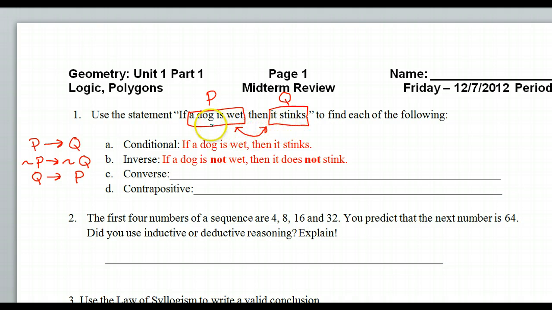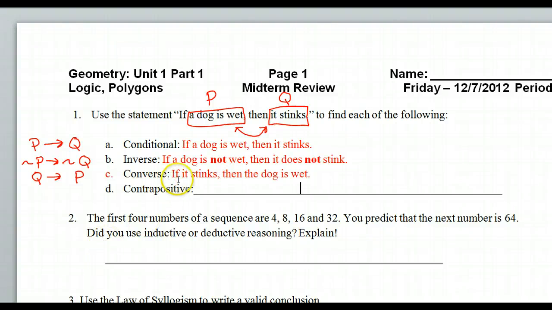So this will become if it stinks, then the dog is wet. Notice I have to change a couple words for it to make grammatical sense. That's okay. Make the small changes necessary for grammar. So if it stinks, then the dog is wet. That would be the converse.